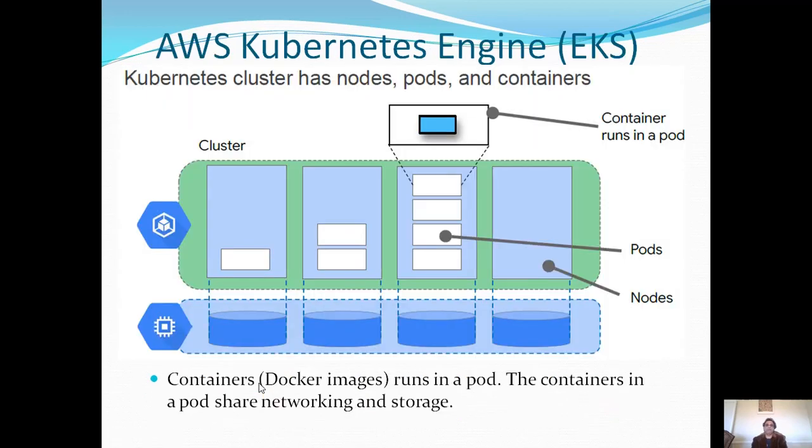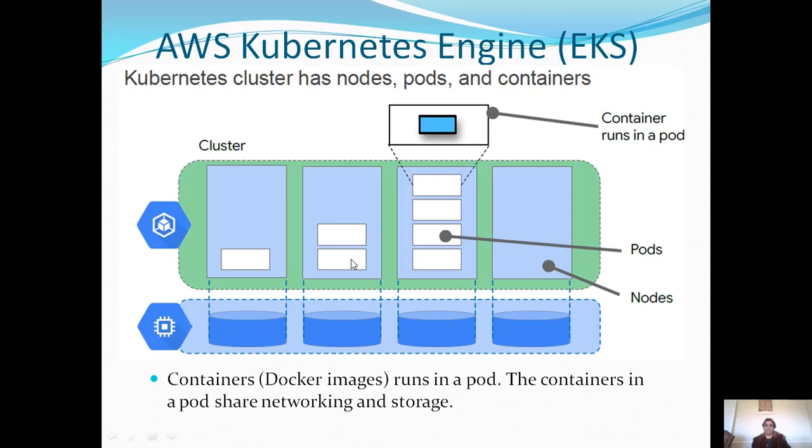Okay, so almost the same diagram. AWS Kubernetes engine EKS also has the same structure. Azure, Google, and AWS are all taking the same open source thing, so the concepts are the same.